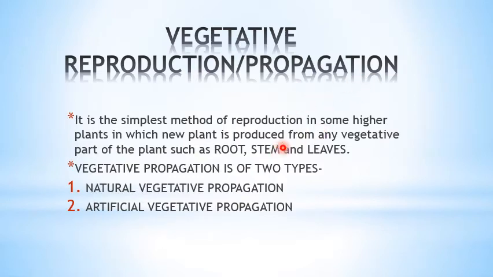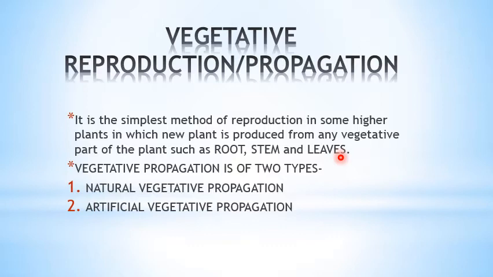It is the simplest method of reproduction in some higher plants, in which a new plant is produced from any vegetative part of the plant such as root, stem and leaves. We know that a flowering plant has root, stem, leaves and flowers.